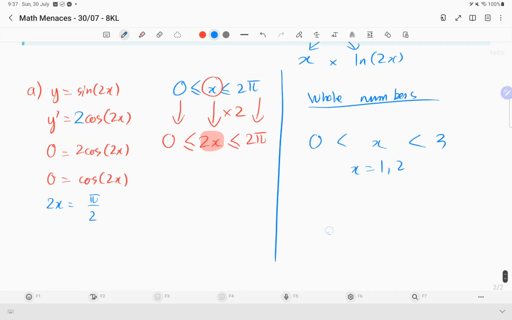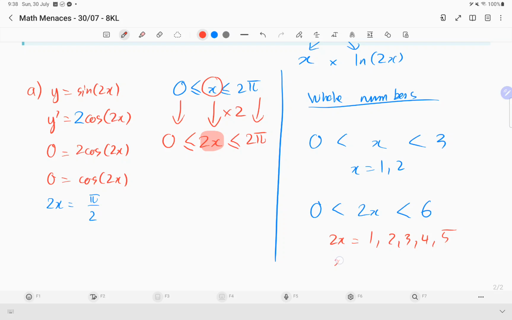Now if I were to find out the possible whole numbers of 2x that still satisfy this, when you multiply both sides by 2, it will be 6. So the possible values for 2x between 0 and 6 would be 1, 2, 3, 4, and 5, correct?